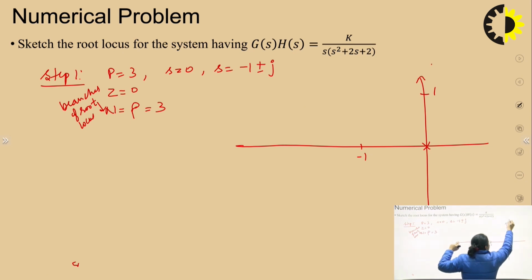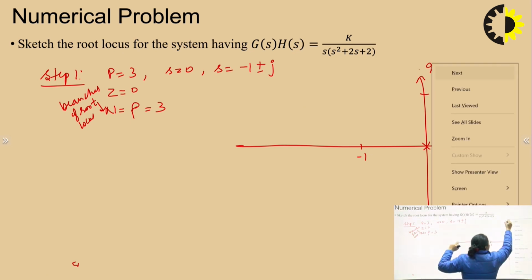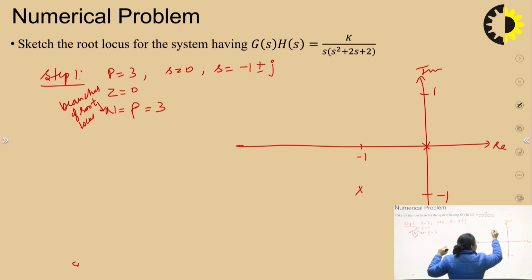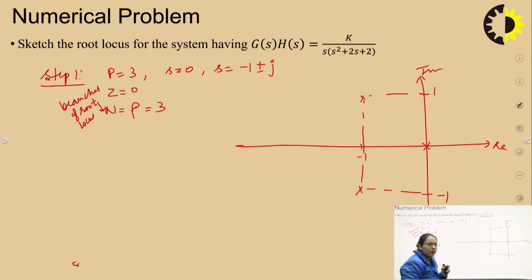This is the imaginary axis, this is the real axis, and this is -1. So you can observe that in this question there are complex poles, so we have to find out the angle of departure as well.